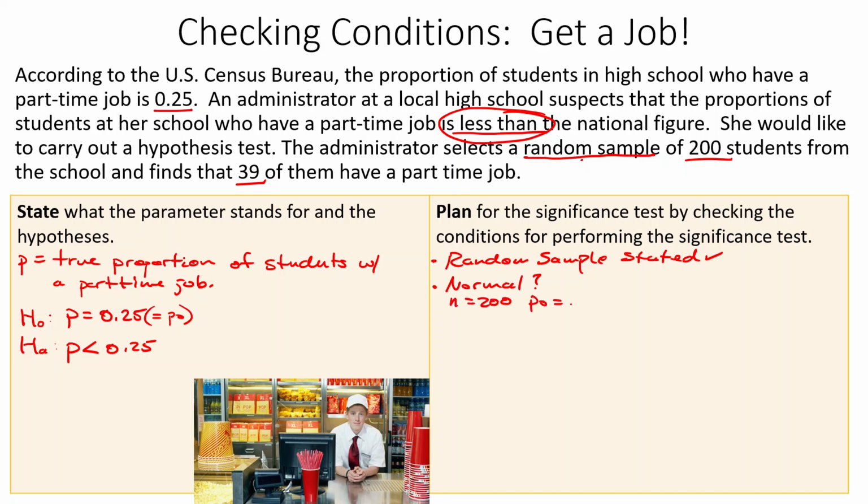Our p naught is 0.25. So 200 times 0.25, 25% of 200 is 50. That's greater than 10. The other one, 200 times 1 minus 0.25, which is 0.75, is 150, which is also greater than or equal to 10. So this checks out. Both of them work, we're good. If one of them doesn't work, we stop and we say it doesn't work.